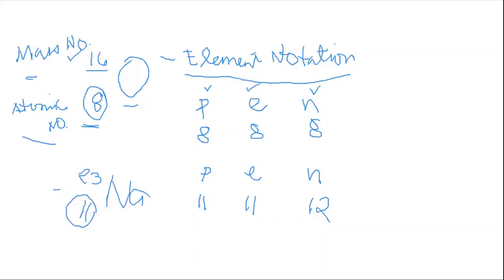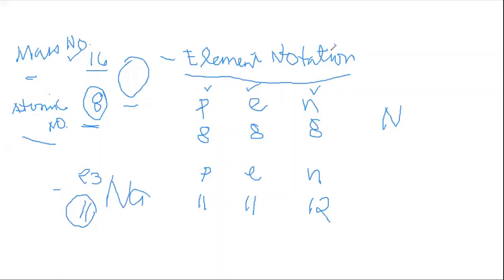Okay, next. I'll give you another example para at least klaro lang po sa atin. Okay, how about nitrogen? What is the mass number of nitrogen? 14. Okay, so we have 14. Very good.